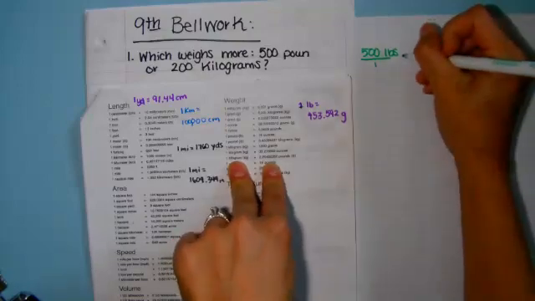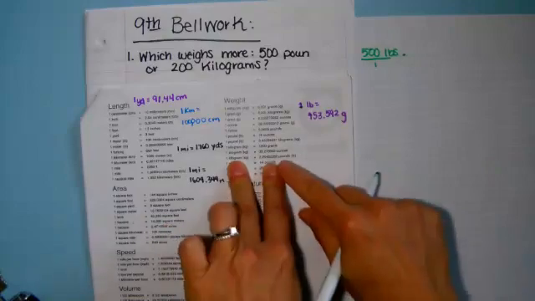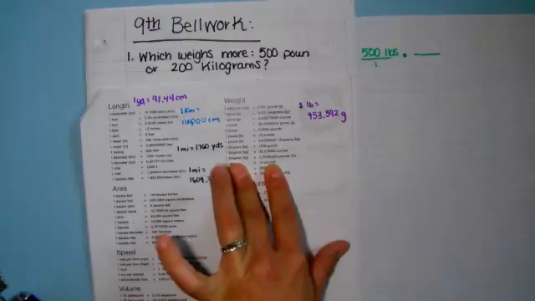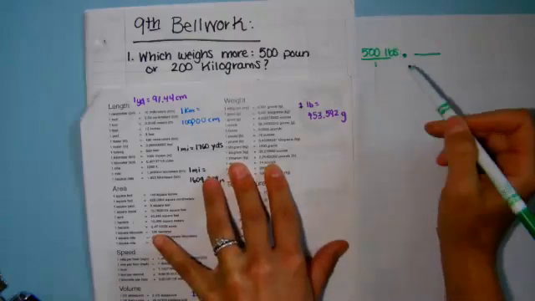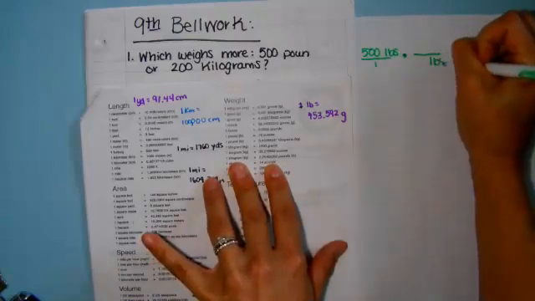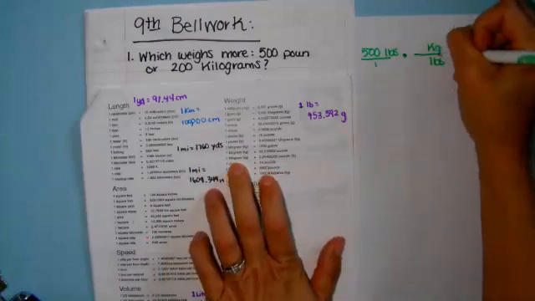And we're going to multiply that now by our conversion right here. Before I put in any numbers, where should the unit pounds go to cancel it out? Yeah, bottom. And we're trying to change it to kilograms on the top.